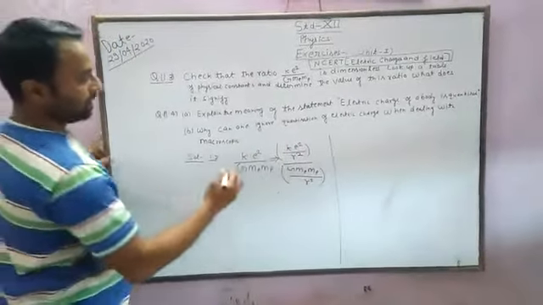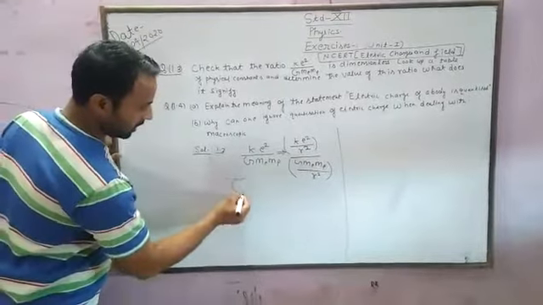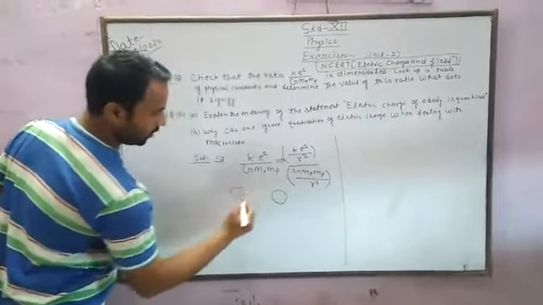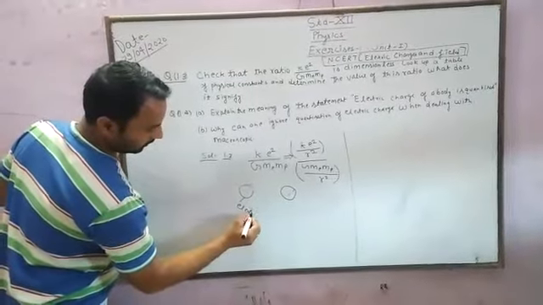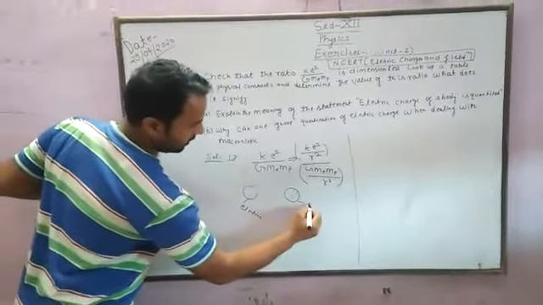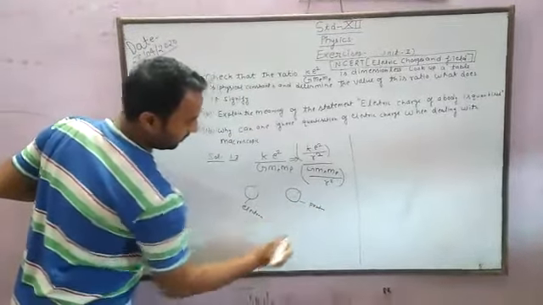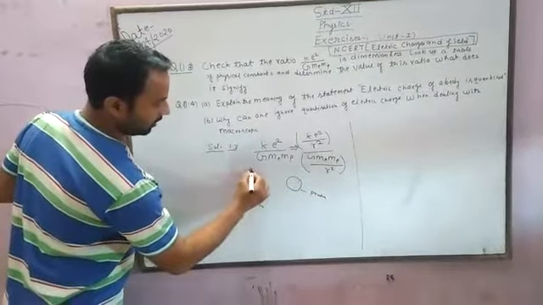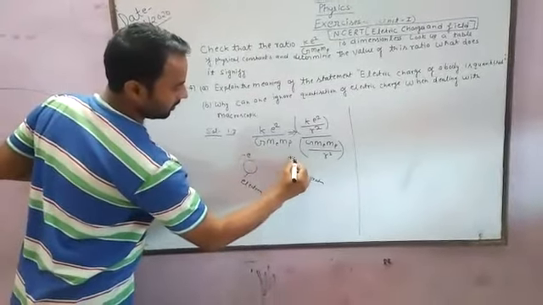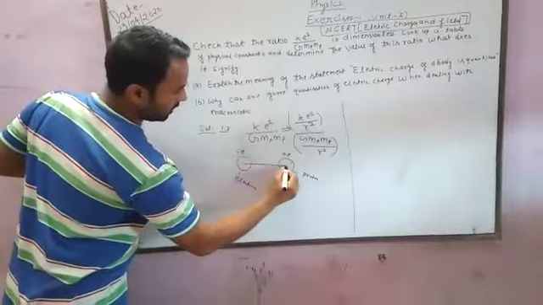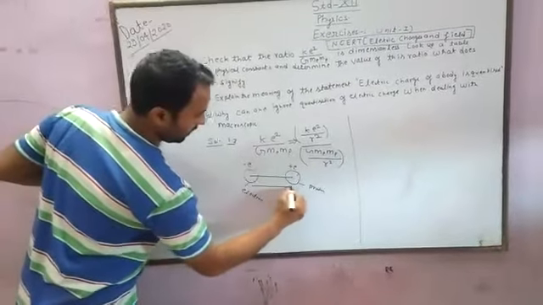Now, if we take two charges, one is an electron and another is a proton. The charge on the electron is minus e and the charge on the proton is plus e, and the two charges are placed at a small distance r.